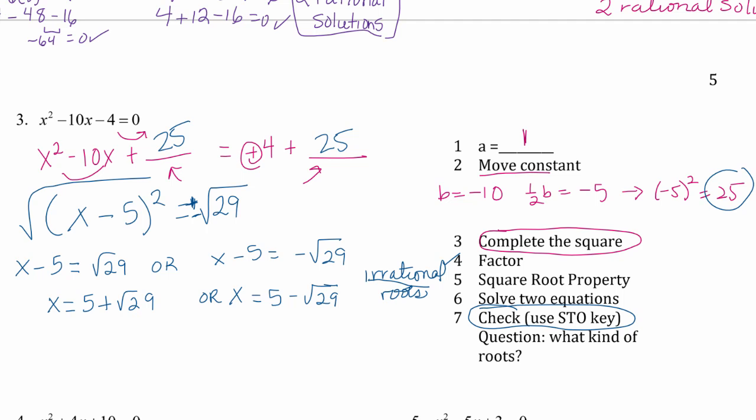Okay, so your two solutions are 5 plus root 29 and 5 minus square root of 29. These are exact answers. And your homework may want you to get both the exact answers, the exact roots, along with decimal approximations. So check your instructions. Okay, go to the next video.